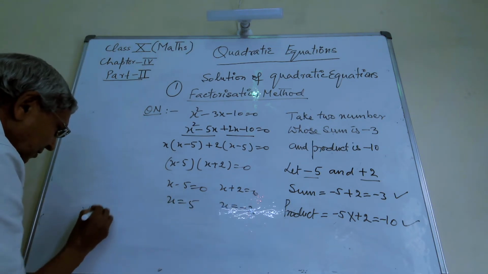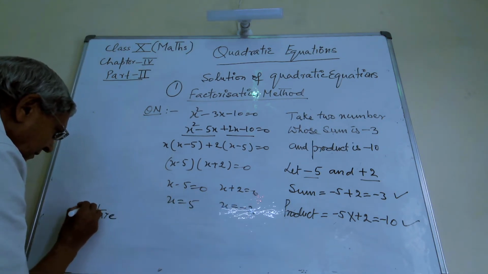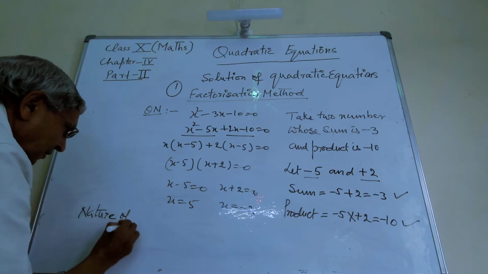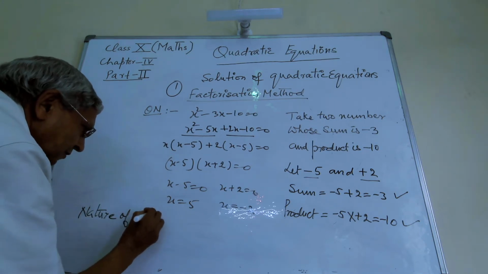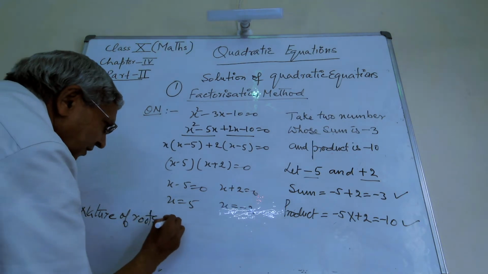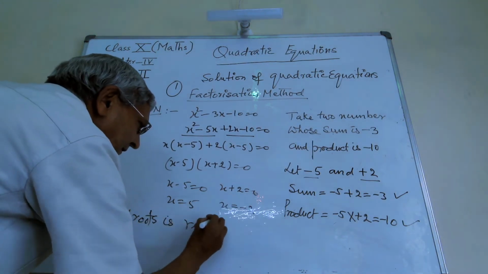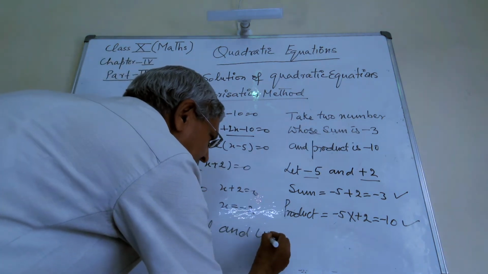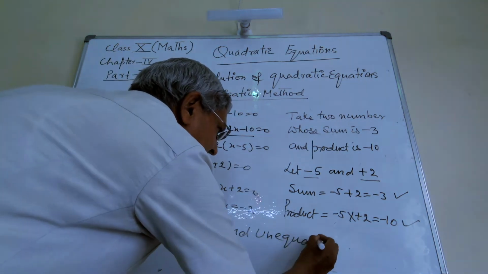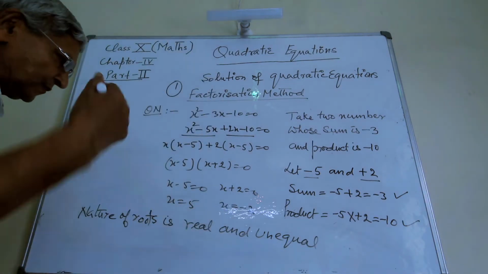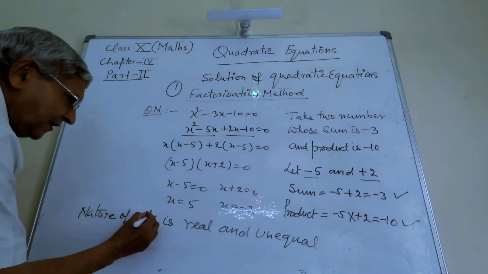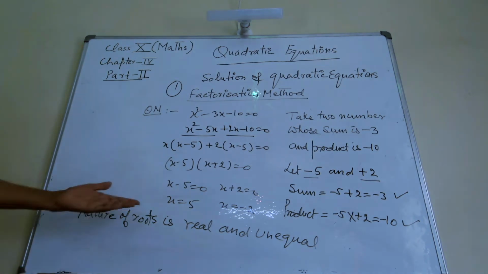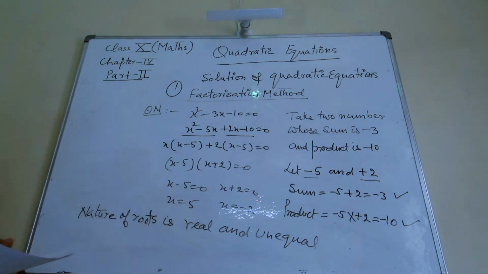The nature of roots is real and unequal, because 5 and minus 2 are unequal roots. Now I am going to take the second example.